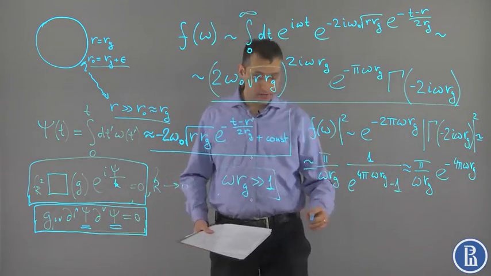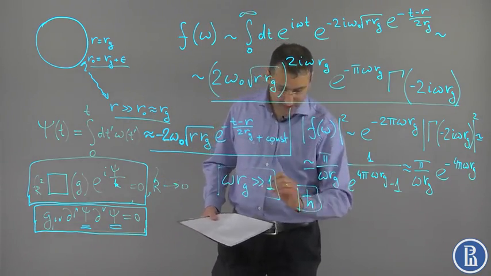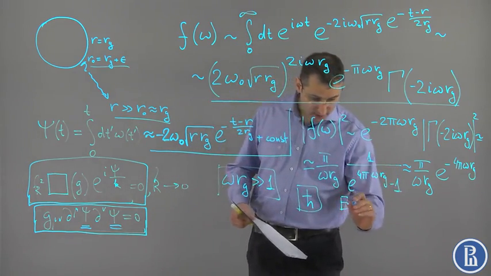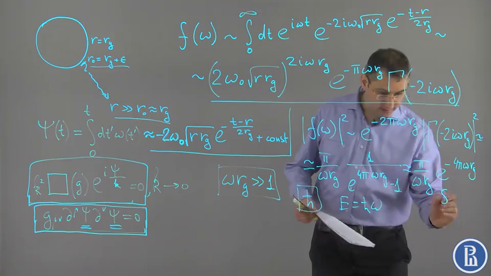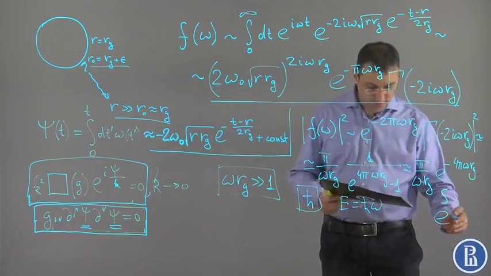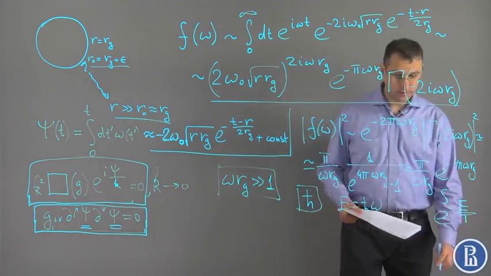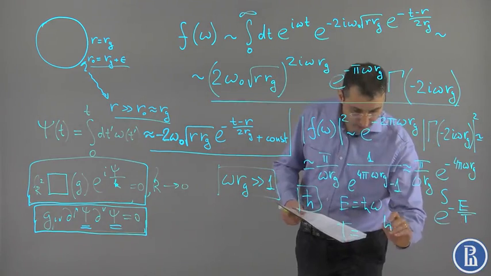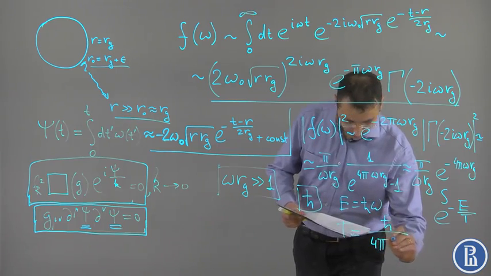We nowhere used quantum mechanics, so h bar was not present anywhere. But if we restore it and define that energy is just h bar times omega, then this is proportional to the Boltzmann distribution, where T is equal to h bar over 4 pi rg.